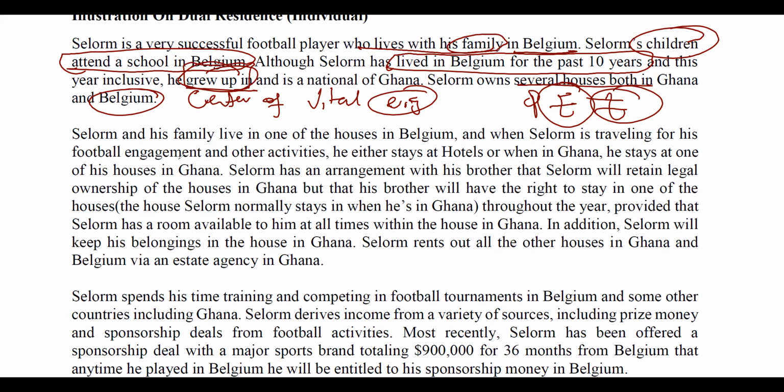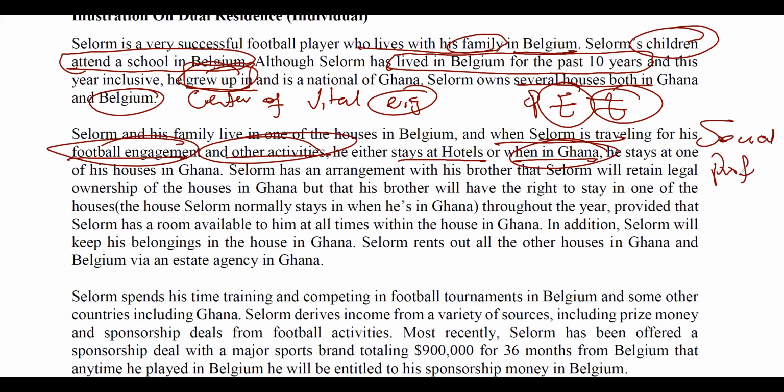If he grew up in Ghana, definitely he has some sort of social life there, right? So social life in Ghana. And his family lives in the houses in Belgium. And when Selom is traveling for his football engagement and other activities, he either stays at hotels, or when in Ghana, he stays at one of the houses, meaning he has some social and professional activities in Ghana. True or false?